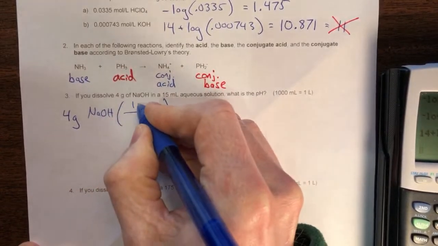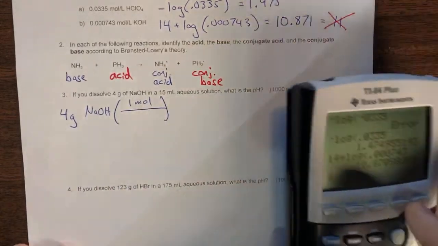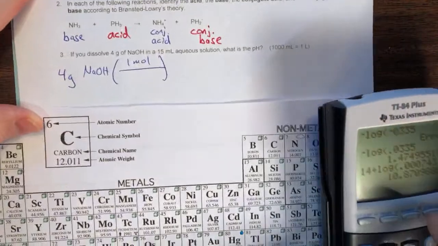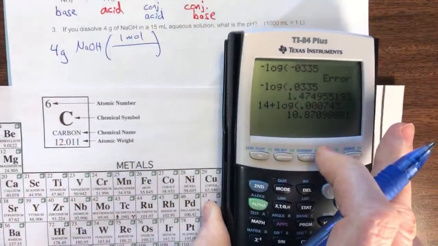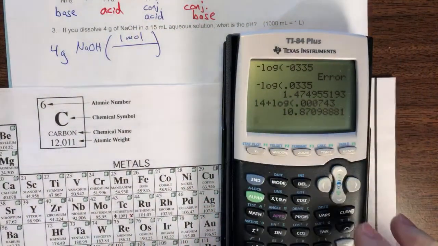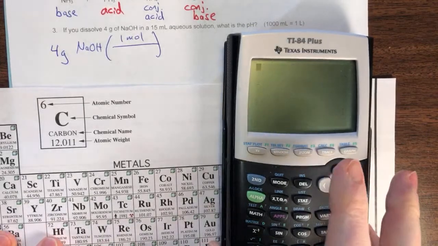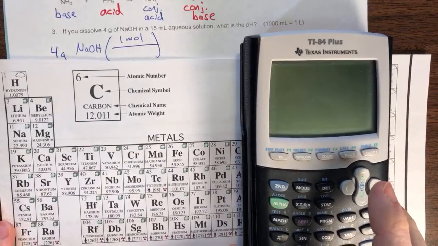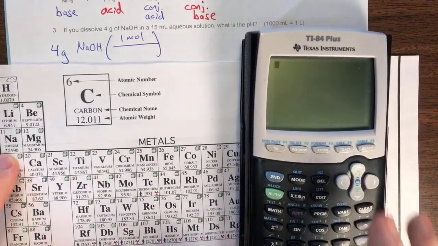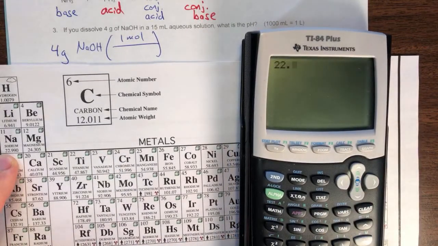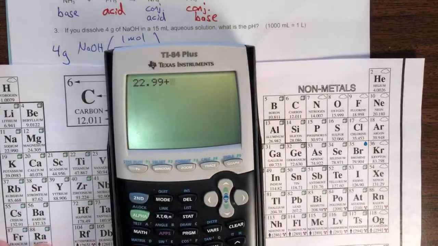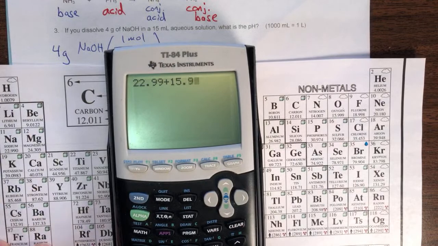We need the molar mass because we want to convert to moles, and I already know this is about 40 or 39.99 something, but let's go ahead and calculate it anyway. Sodium hydroxide has 1 sodium, 22.99. It has 1 oxygen, 15.999.